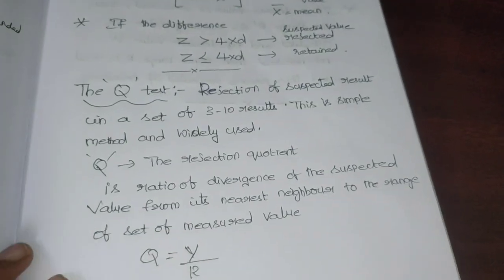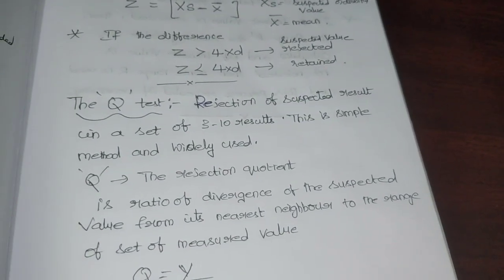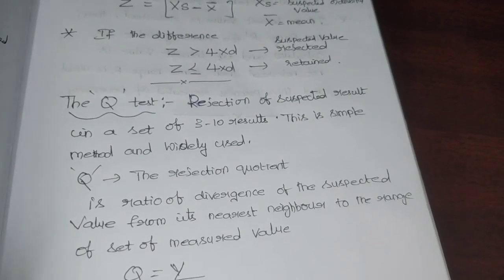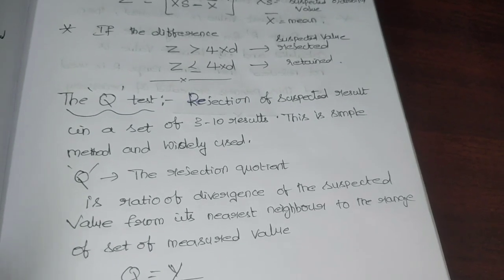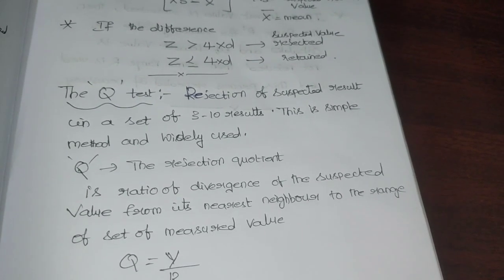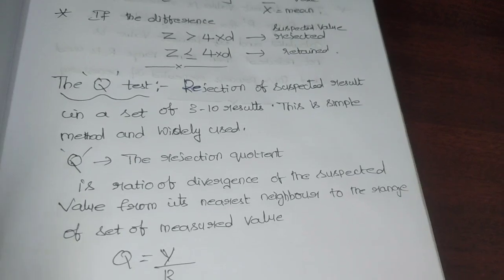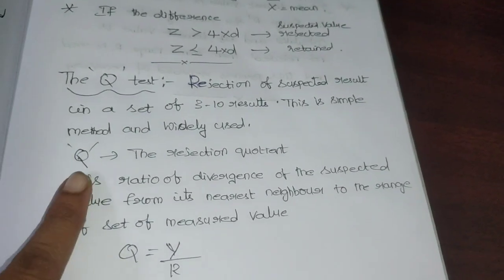Then the Q-test. It is also a very simple method and is widely used for rejection of a suspected value in a set of 3 to 10 results. What is Q here?